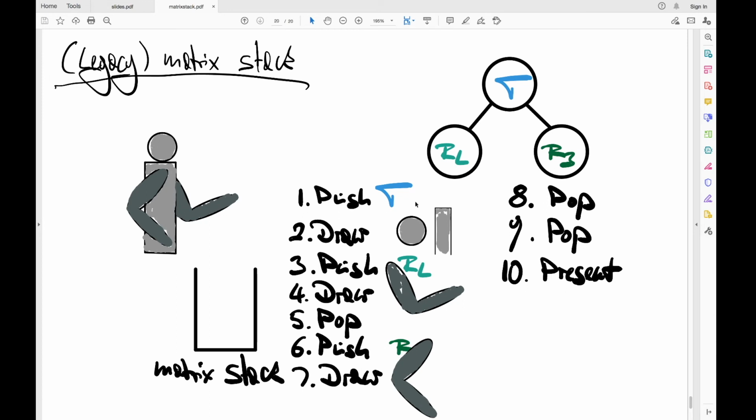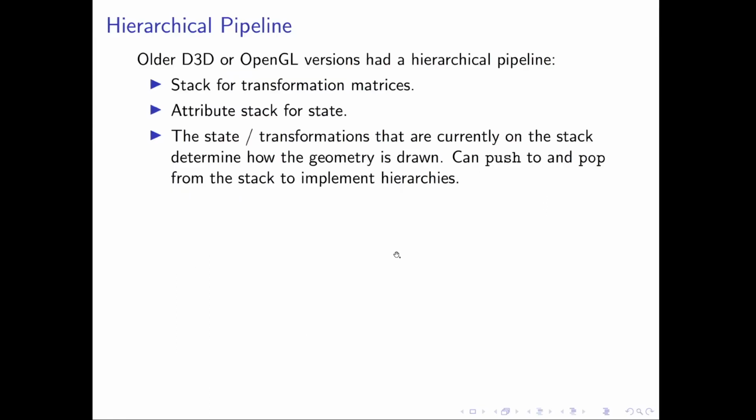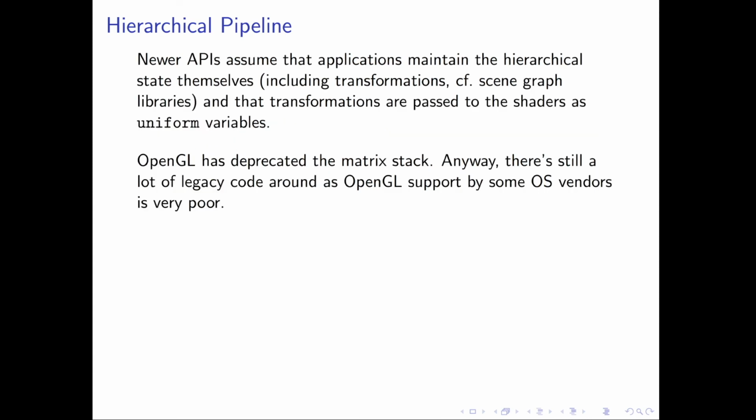So those hierarchical pipelines were something that's quite typical for older APIs like OpenGL in older versions and Direct3D in older versions. And there were hierarchical pipelines not only for the matrix stacks or for the transformations, but also for attributes. Nowadays, it's assumed that the application maintains that hierarchical state itself.